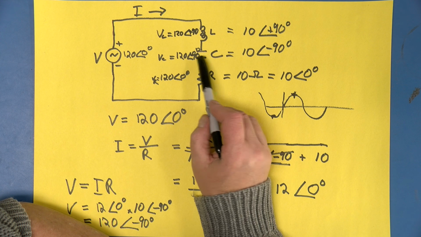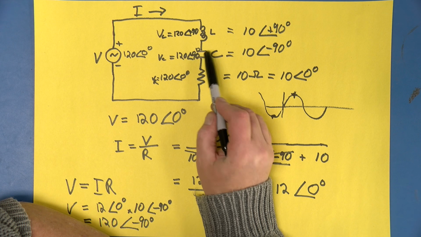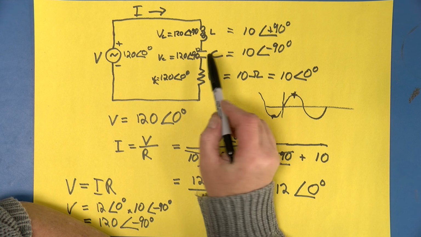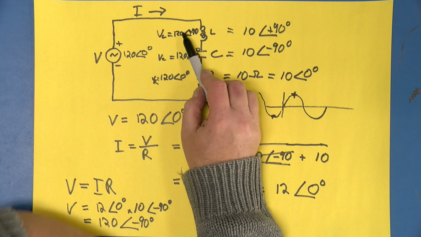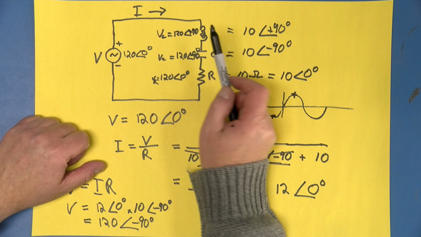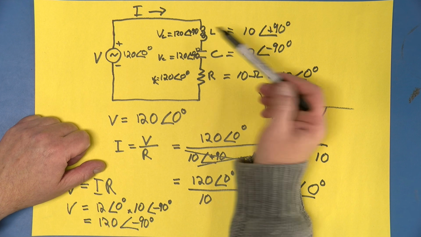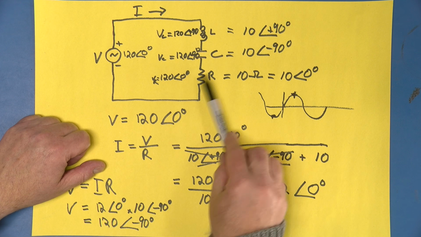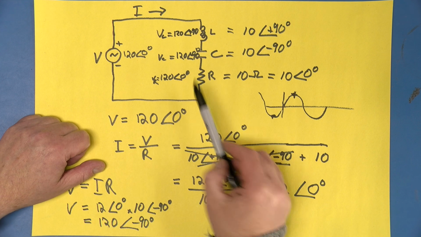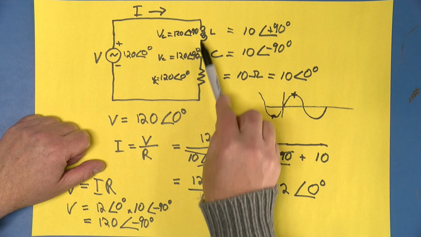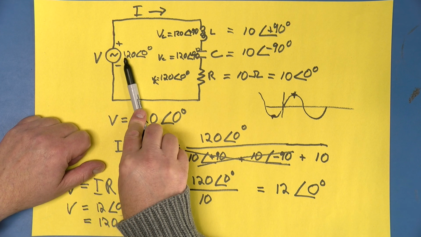We have 120 volts here at minus 90 degrees. And we have 120 volts up here at plus 90 degrees. That seems crazy.